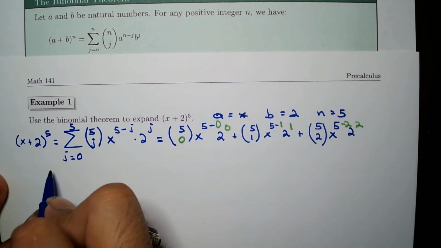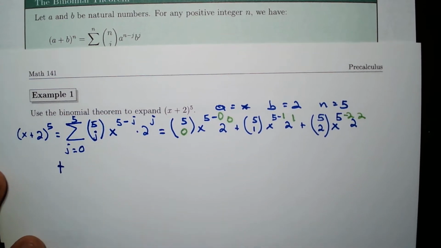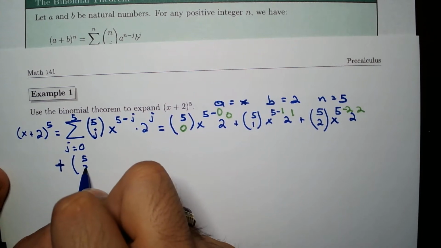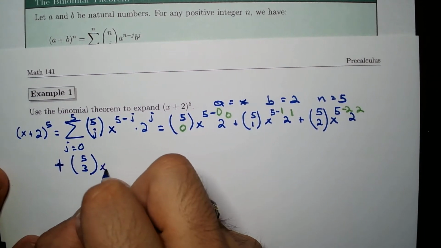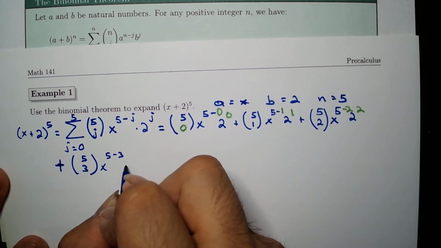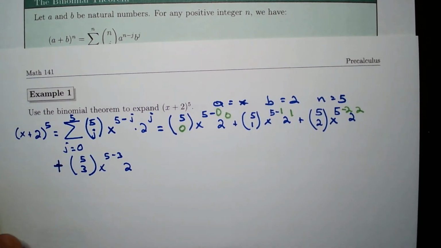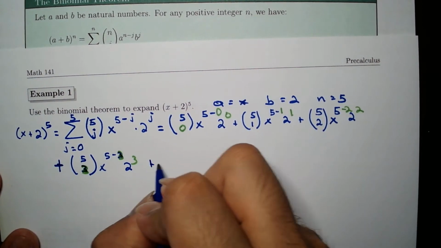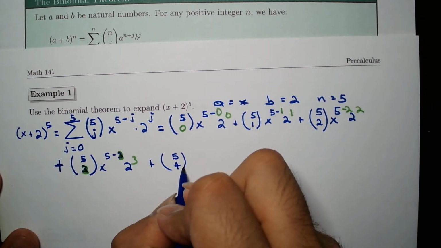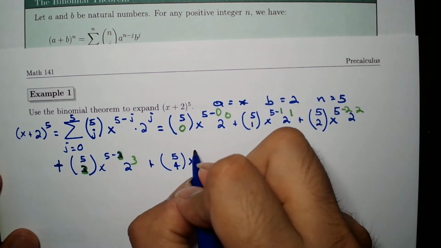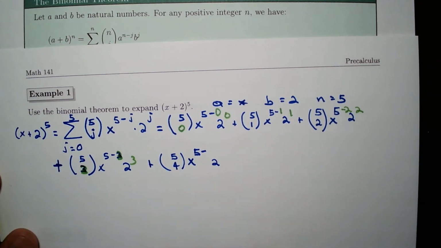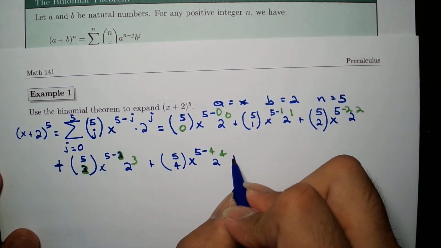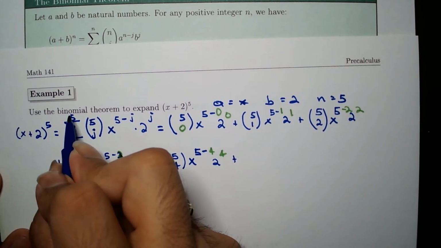And then plus, let me keep going here, plus 5 choose 3, x to the 5 minus 3, 2 to the 3. And then plus 5 choose 4, x to the 5 minus 4, 2 to the 4. And then the last term will be when we get all the way to 5.